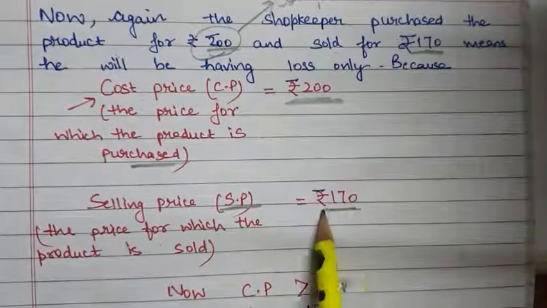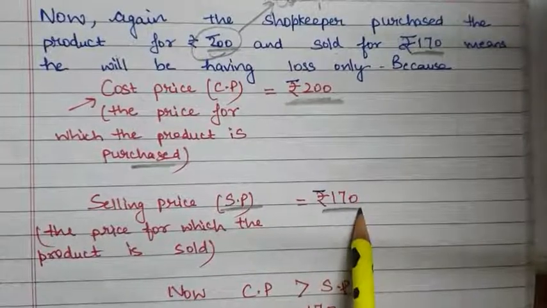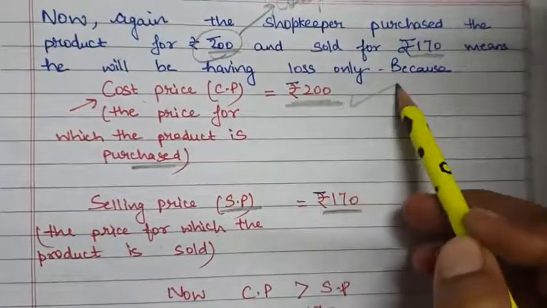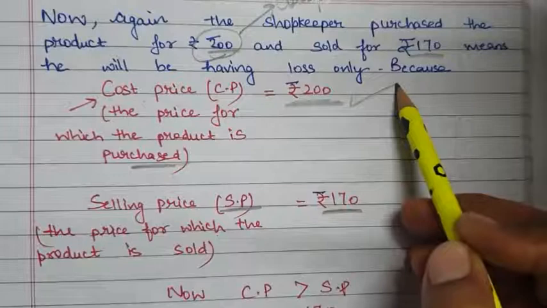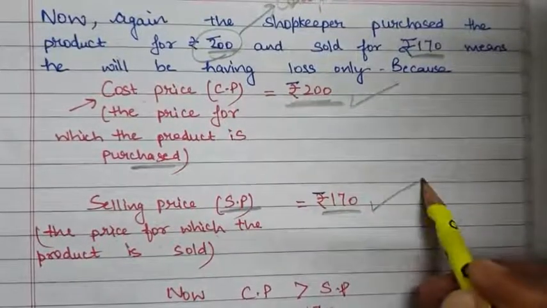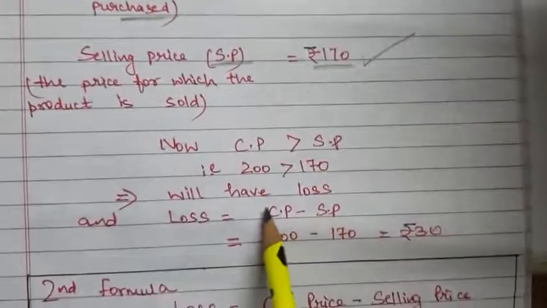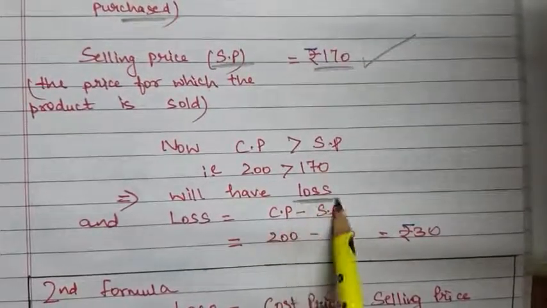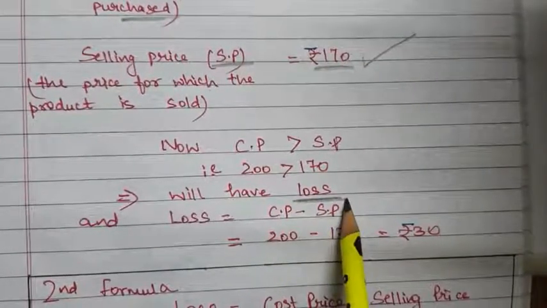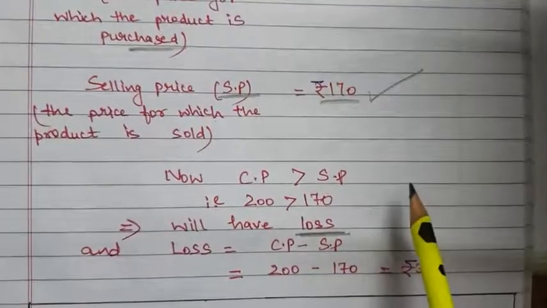So he purchased for 200 and sold it for 170. So it is very clear that he will be having a loss. And how much loss will he have?